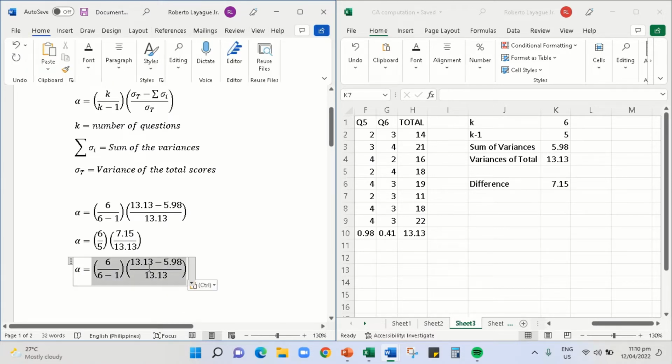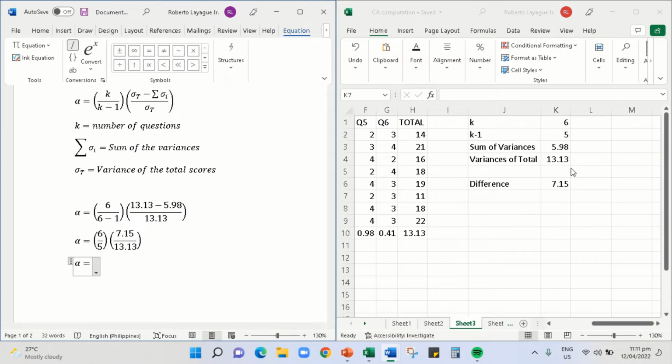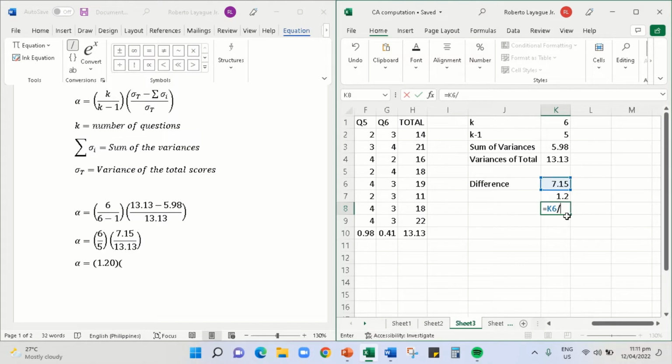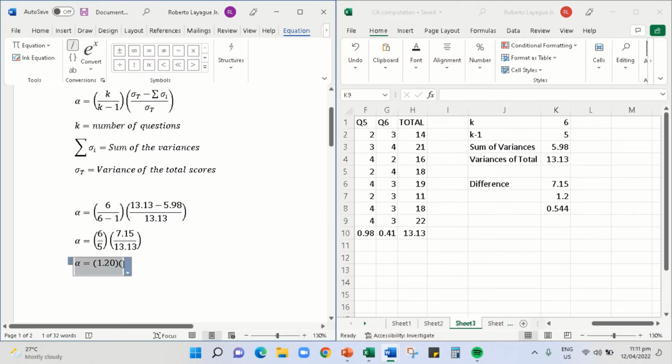So I believe I have here dividing k minus 1, dividing 6 by 5, that would be around 1.2. 6 divided by 5, that's 1.2 or 1.20 using our 2 decimal places. 1.20, and then 7.15 divided by 13.13, so I have there the quotient, 0.54. 2 decimal places, I'm just going to use now 0.54, right?